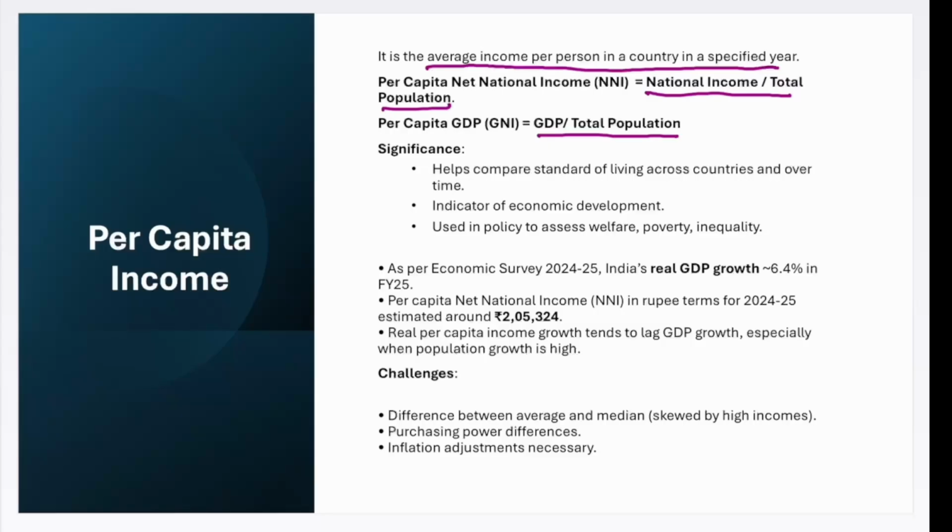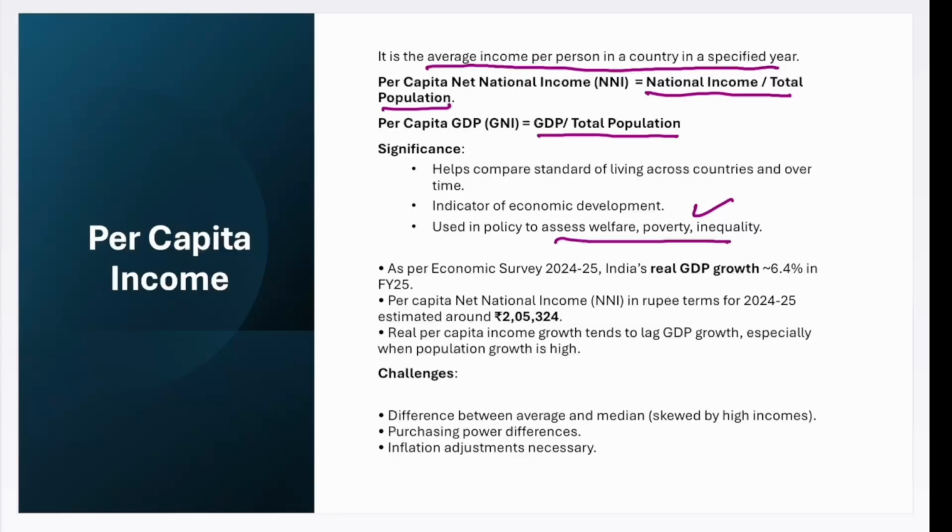So it is an indicator of economic development. And these are also very important to assess how well government schemes are working and how good the welfare is. Then one important factor is inequality, because one of the ideas in the Indian Constitution is to avoid concentration of wealth.